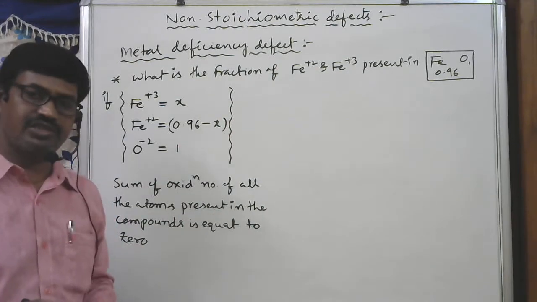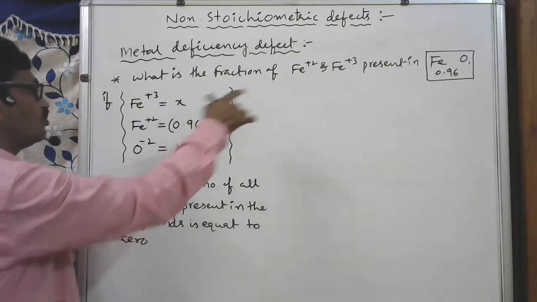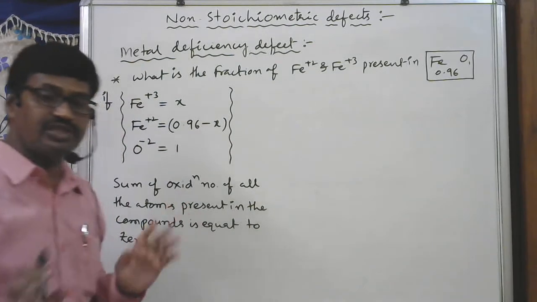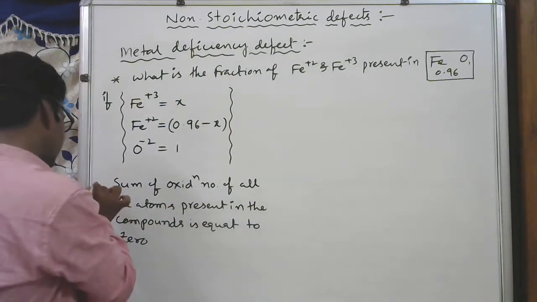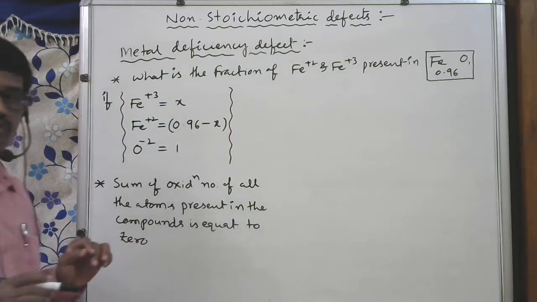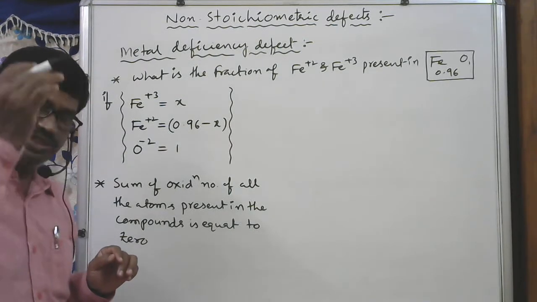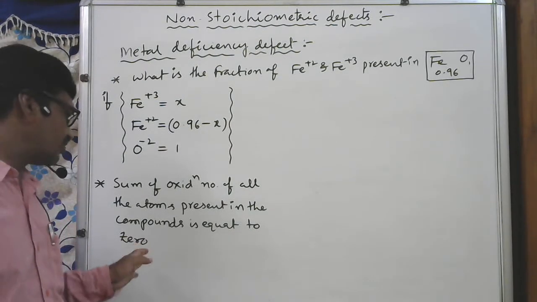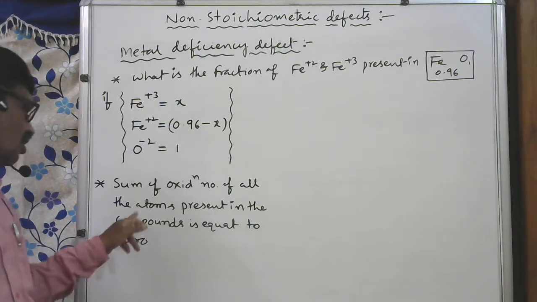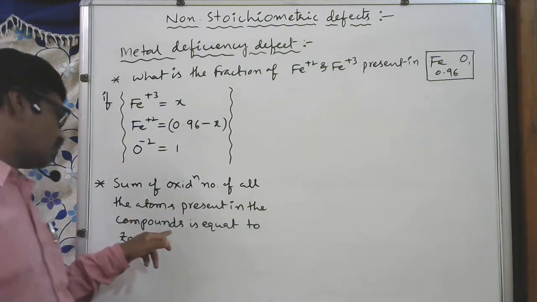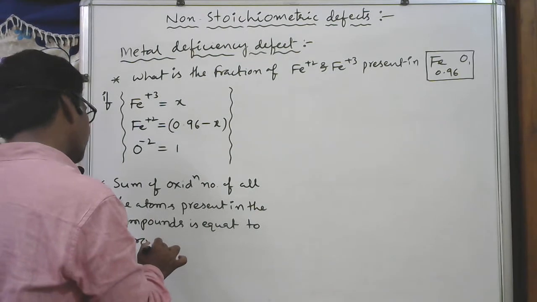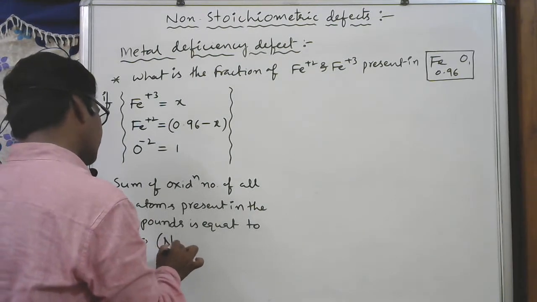It maintains electrical neutrality, as just given. So this is the compound which is in a neutral state. This is one of the rules in finding oxidation numbers. In the redox reactions concept in first year, just go through the rules. The sum of oxidation numbers of all the atoms present in a compound is equal to 0 if it is neutral.